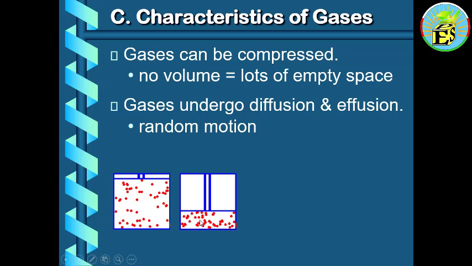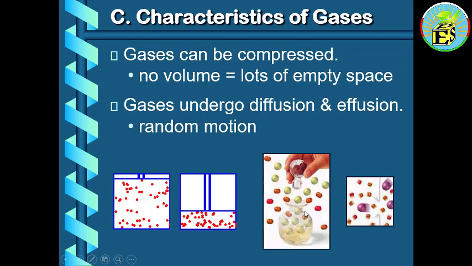The number of particles is the same, but the spaces between particles is decreased. So the gases undergo pressing, no volume, lots of empty spaces. We have lots of empty spaces in this graph, and now the spaces decreased, so it can be compressed.